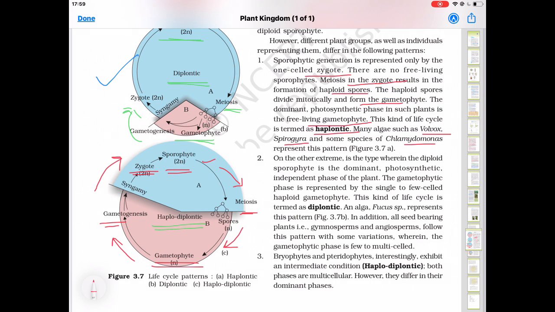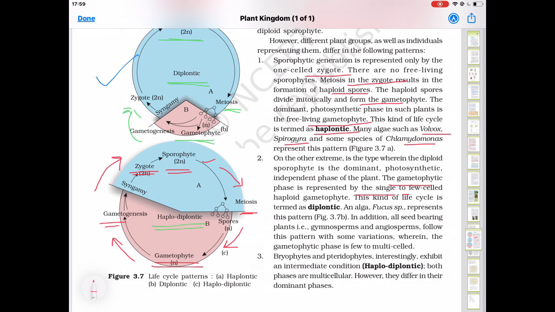On the other extreme is the type where the diploid sporophyte is the dominant photosynthetic independent phase of the plant, as in the case of gymnosperms. The gametophyte phase is represented by a single to few-celled haploid gametophyte.